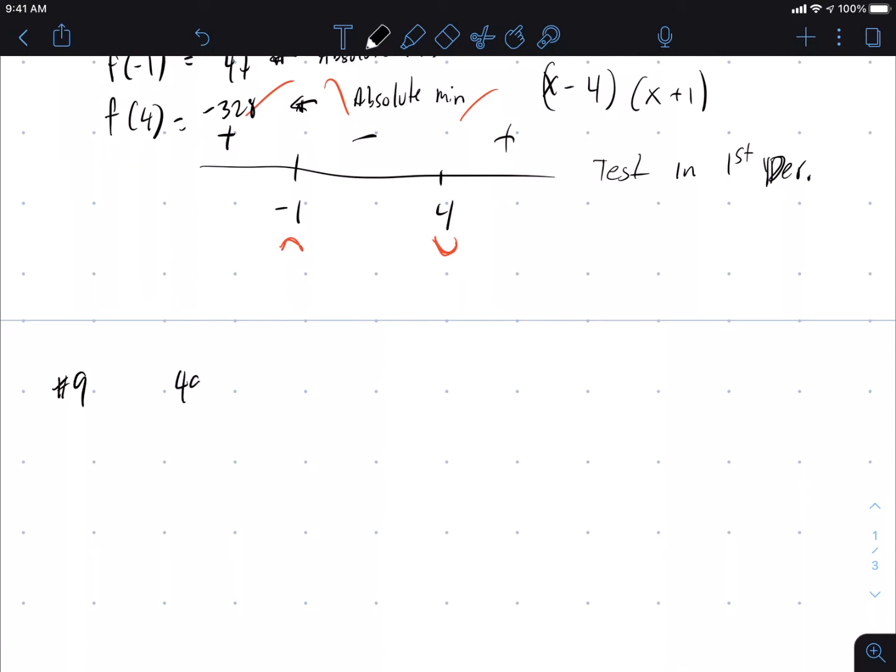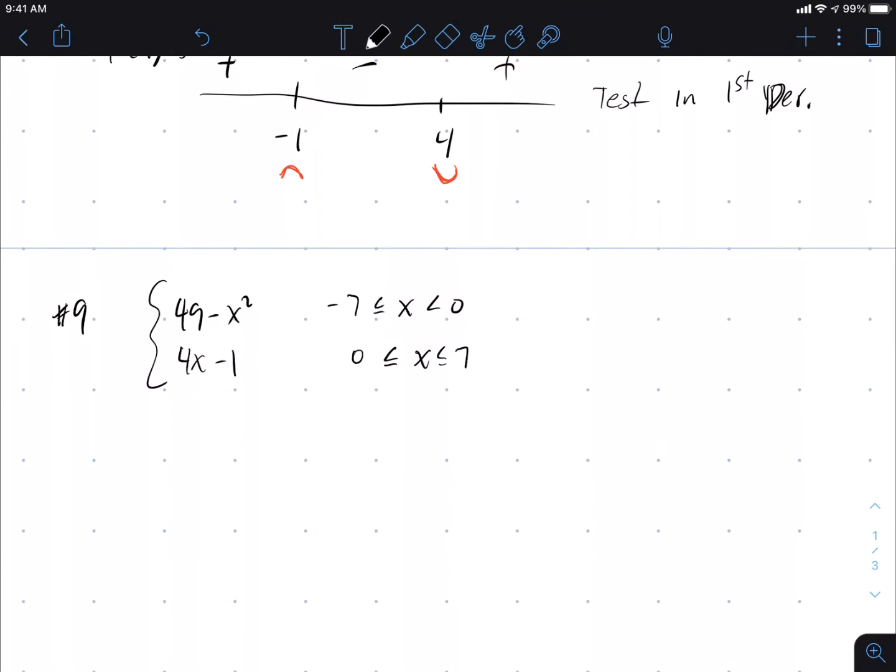We have 49 minus x squared in the interval from -7 to 0, and then 4x minus 1 from 0 to 7. It's a piecewise function. And so what we want to check are endpoint values, right? So our endpoint values for this are -7 and 7, right?